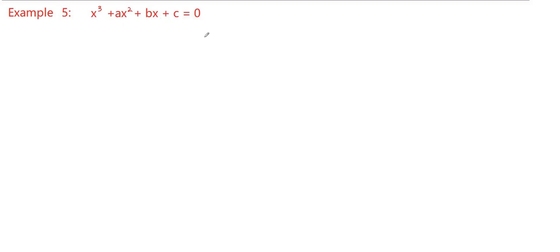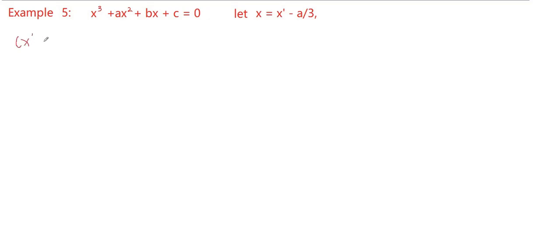So the a, b, c can be any number. It is a cubic equation. How to solve it? First, we need to eliminate the x square item. So we set x equal to x dot minus a divided by 3 and put it inside.